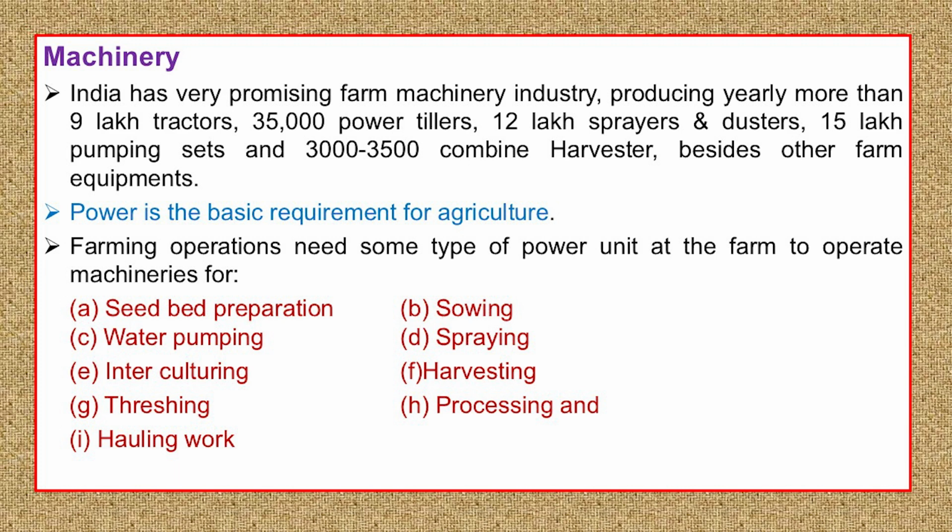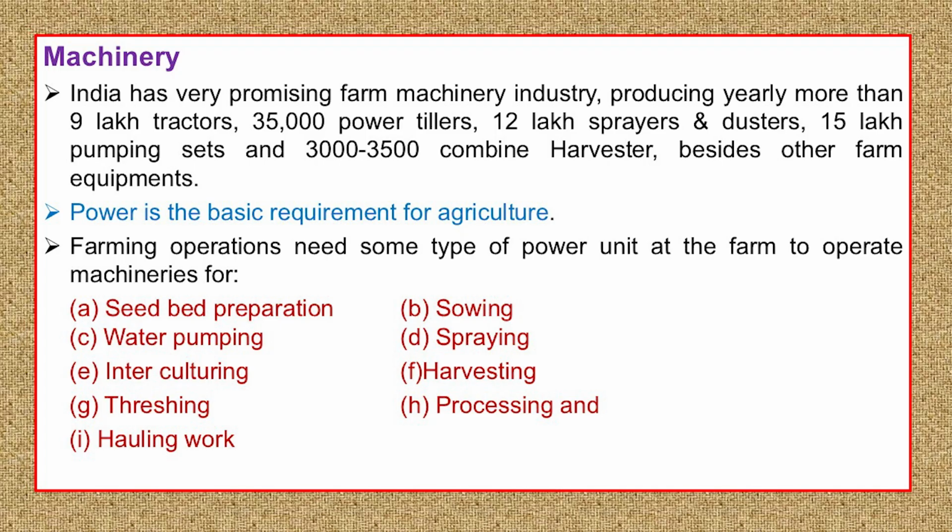More than 50 lakh pump sets are used for lifting water from open wells or tube wells. And 3,000 to 3,500 combine harvesters are sold annually, used to harvest crops, particularly in the rice and wheat cropping system.